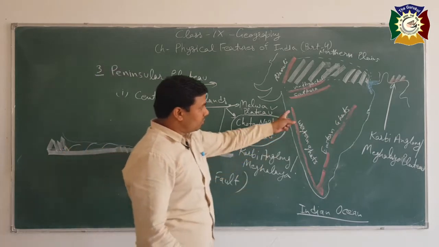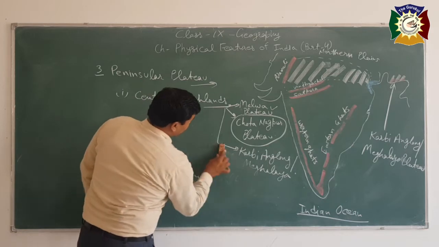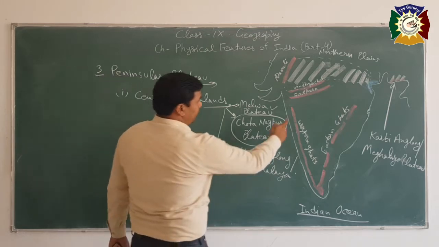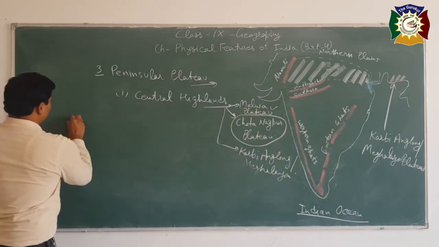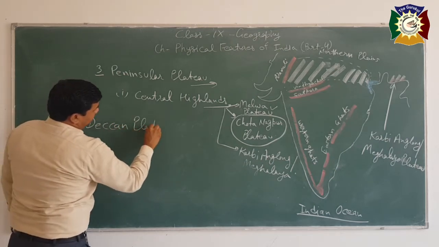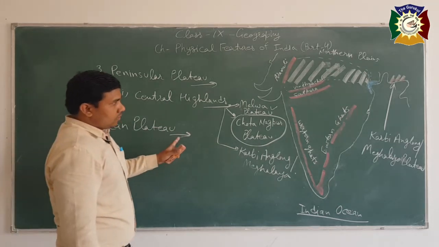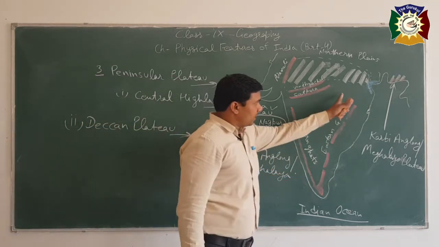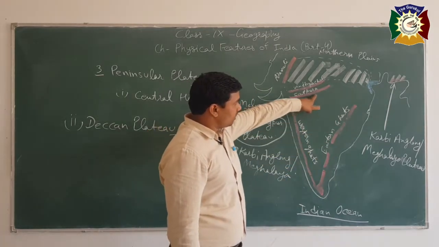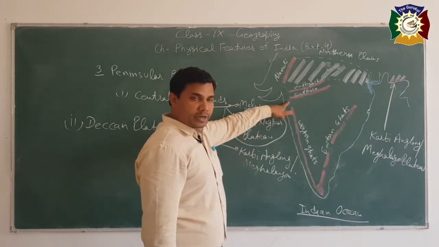Now let's discuss the second part of the peninsular plateau. The second part is known as the Deccan plateau. This also lies in a roughly triangular shape. Its base lies here in the north. Its boundary is marked by the Satpura range.